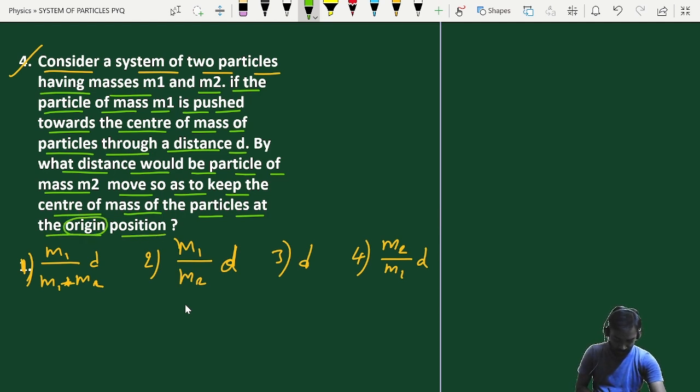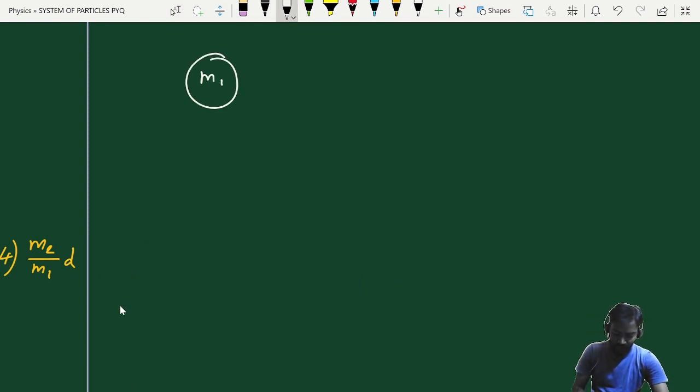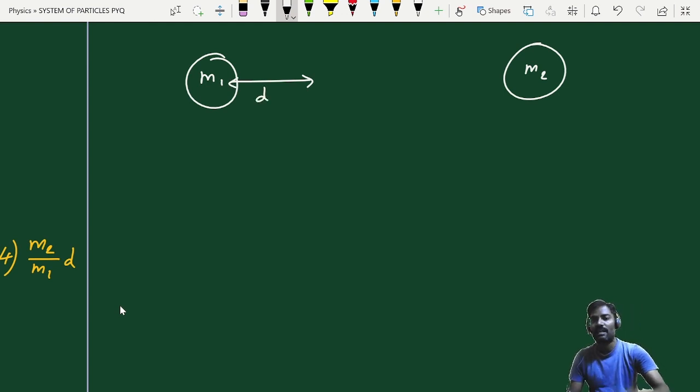This is the original position. In the question they are saying that to keep the center of mass at the original position, if the particle of mass m1 is moved a distance d towards the center of mass, then what is the distance moved by the second particle to keep the center of mass there only? Let us imagine the center of mass is at a distance x from the m1 body.